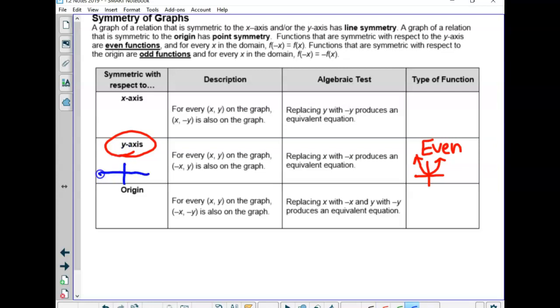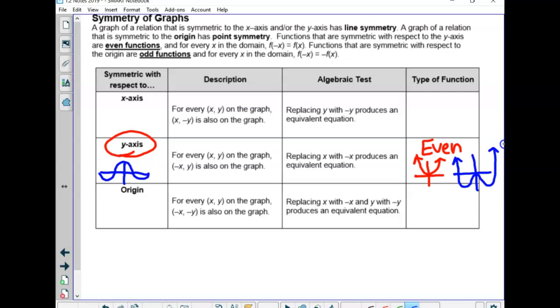Do you remember the curve looked like this when you did that in Algebra 2? You could have a goofy graph that was like doing this. As long as it is symmetric on both sides of the y-axis. Mine don't look perfect, but I'm trying.